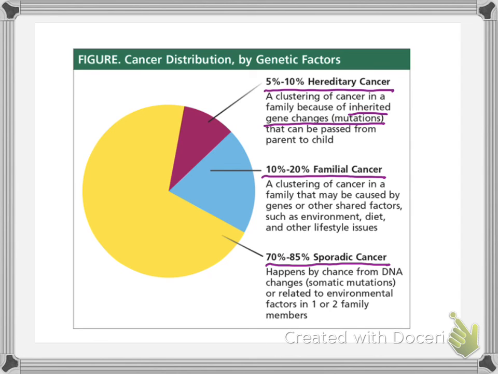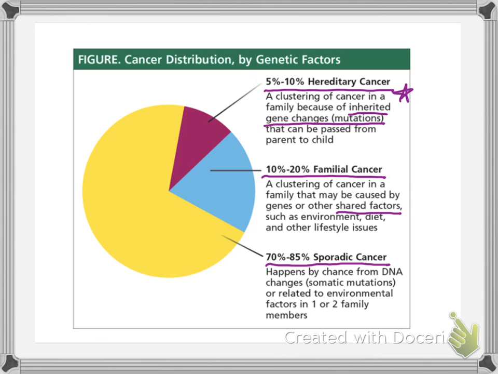Now, this last group, this 10 to 20% of familial cancer, is a little bit trickier because when we see cancer in a family, sometimes we can pinpoint it on a gene. Other times, it might not be due to a gene. It might be due to shared factors. Things like everyone in that family is exposed to the same environment. Maybe that family lives near a factory, and that factory is releasing cancer-causing chemicals into the water.